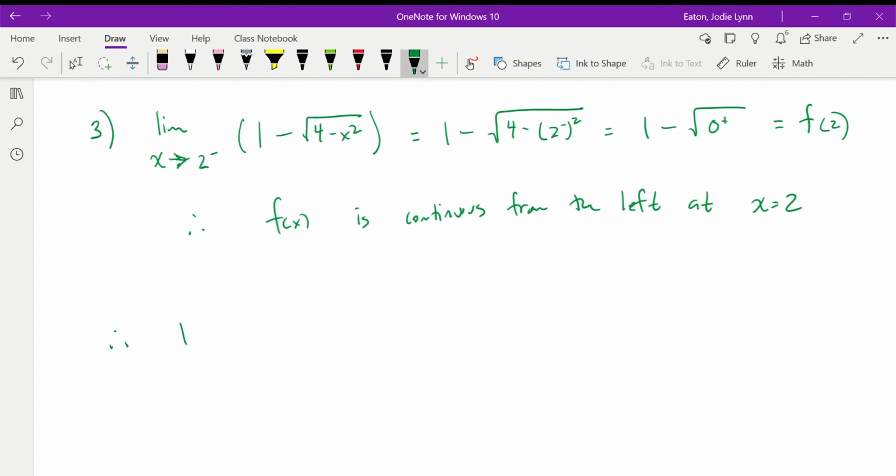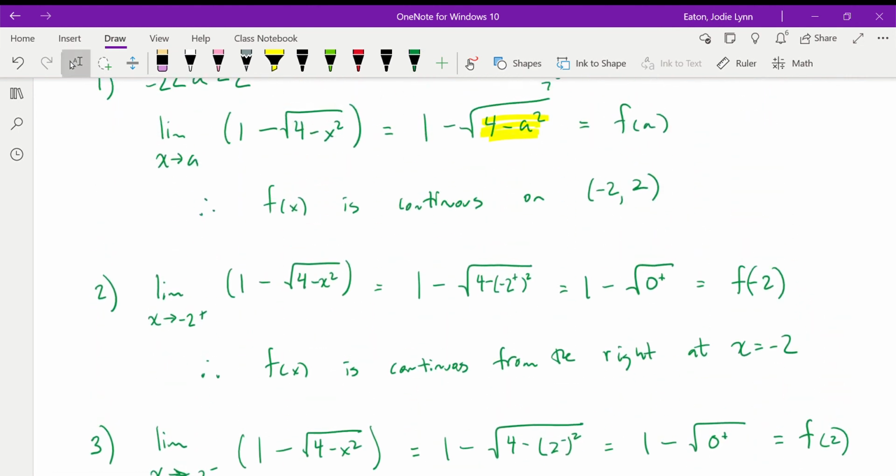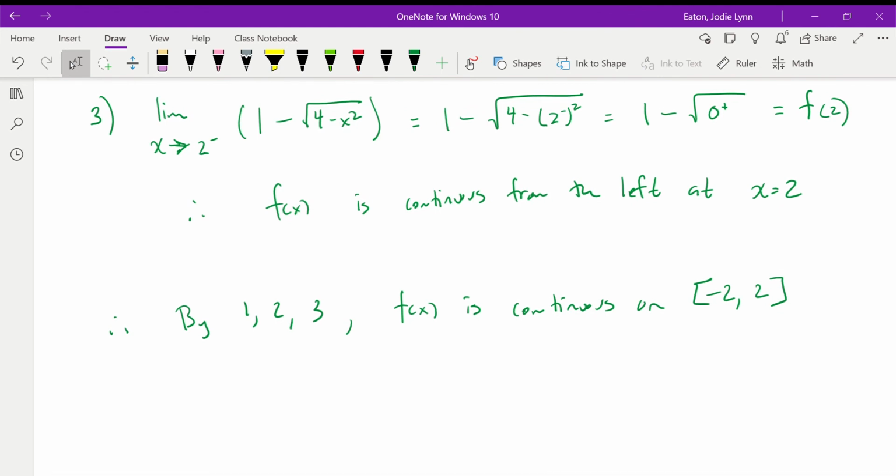So by 1, 2, and 3, f of x is continuous on the closed interval, -2 and 2. And now a lot of this may seem like, oh, it's pretty obvious, but you do need to actually go through and state each of these steps. You want to show that you're understanding what the definition is, and you're showing that this function meets this particular definition of continuity and avoids any discontinuities in those places.